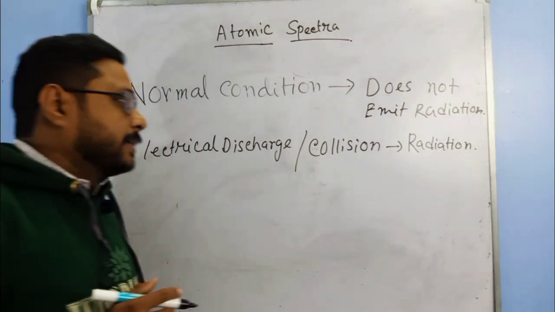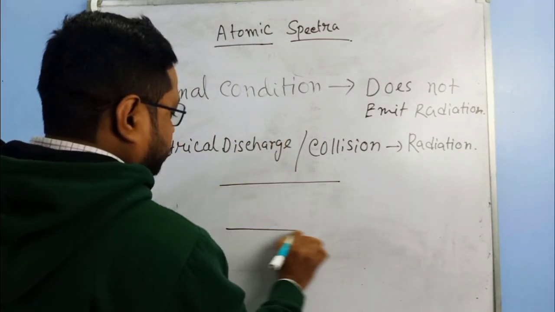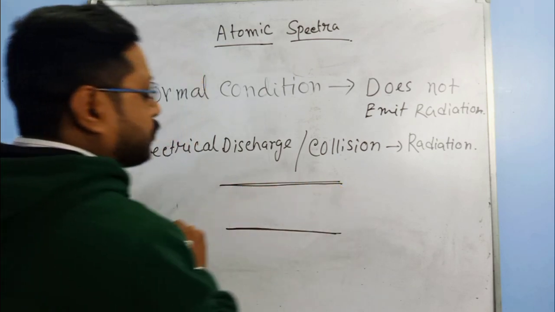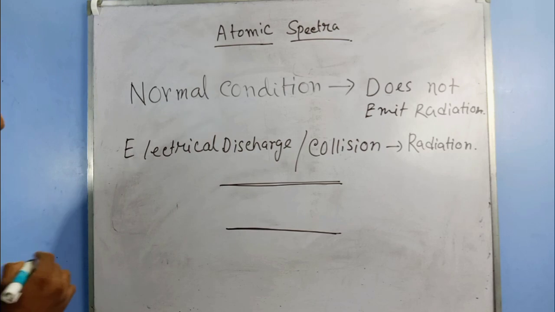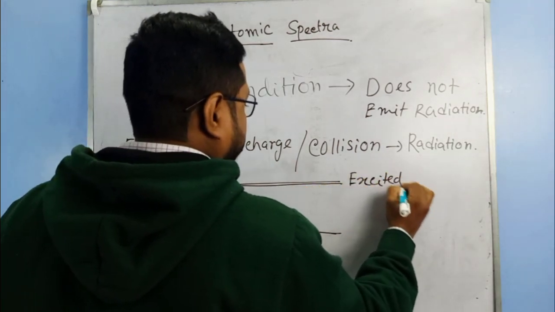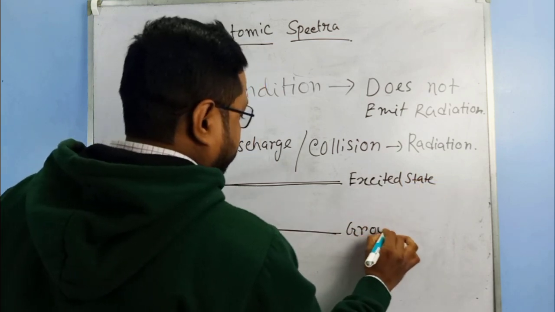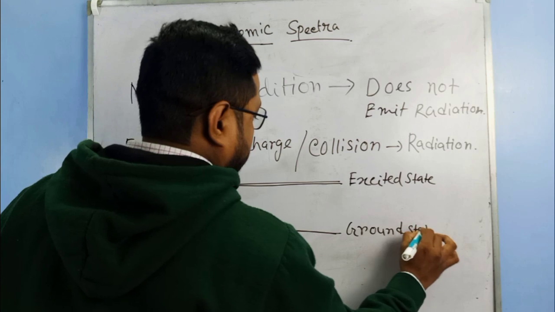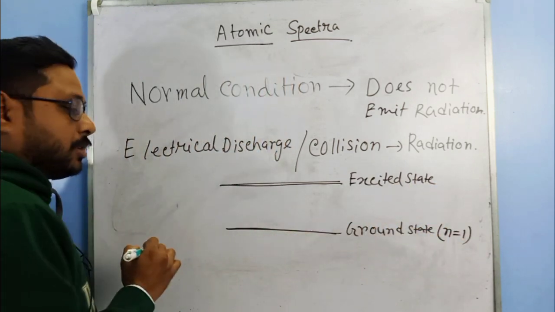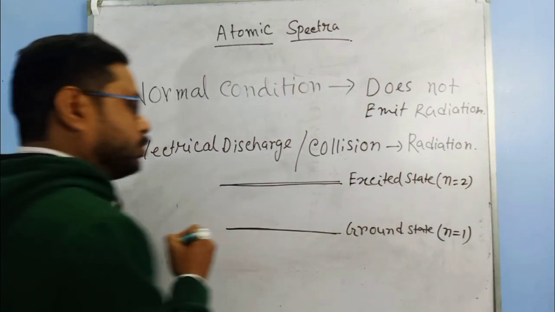We know that according to Bohr model, when an electron makes a quantum jump, that is, if this is the upper level or excited state, and this is the ground state, where the principal quantum number n is 1, and this is the excited state, suppose in this case it is 2.